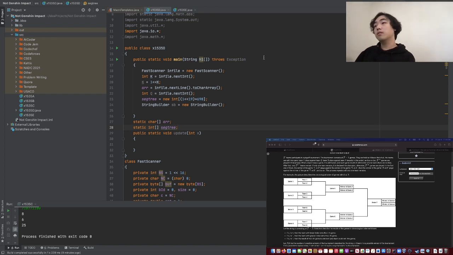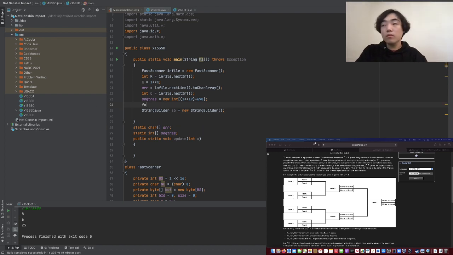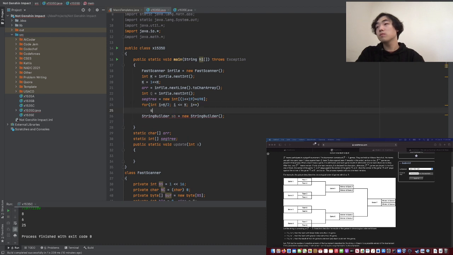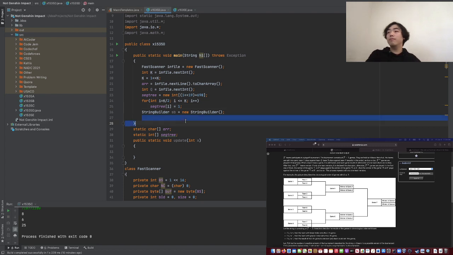So it should start at, for int i is equal to 1, 2, 3. I think that's how that starts.